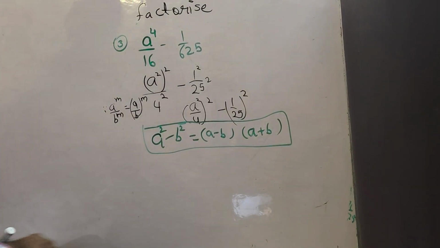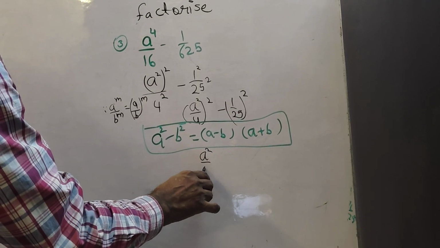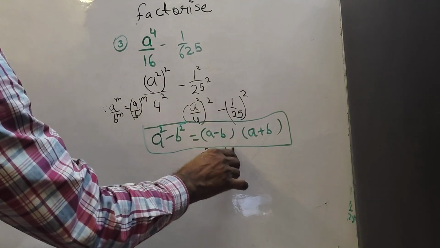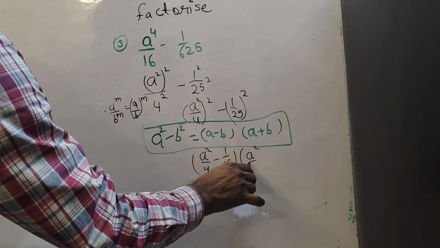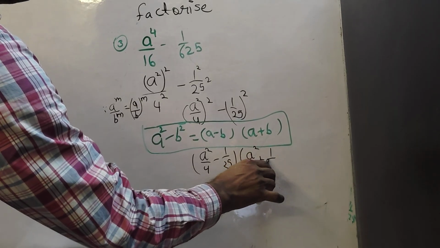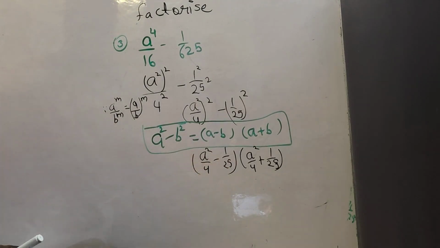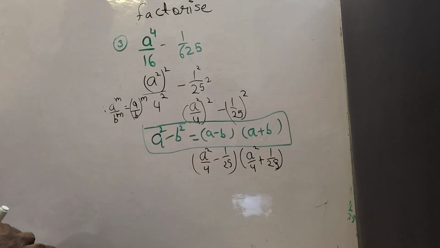According to this identity, we write these two numbers, a square over 4 minus 1 over 25. We remove the outer square and write the inner numbers in brackets. Now we observe that 25 is again the square of 5 and 4 is again the square of 2.